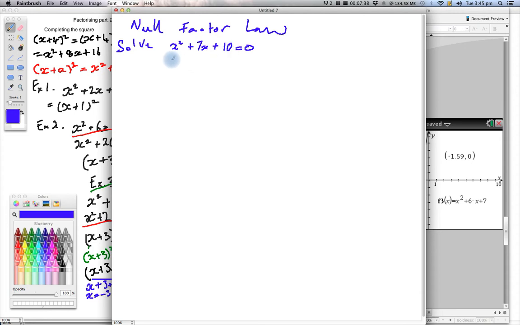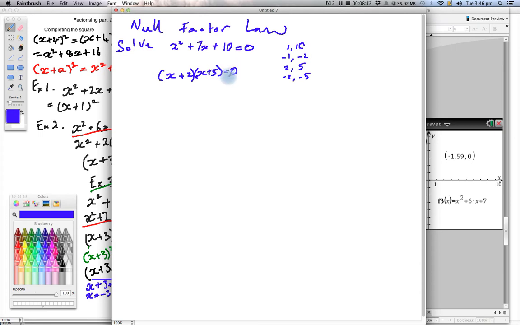Now for this one, what I'm going to do is use the thinking about it method. So 10 has factors of either 1 and 10, or minus 1, minus 10, 2, 5, minus 2, minus 5. So hopefully you can see that the factors that add up to 7 are 2 and 5. So I can factorize this to x plus 2 and x plus 5 equals 0.